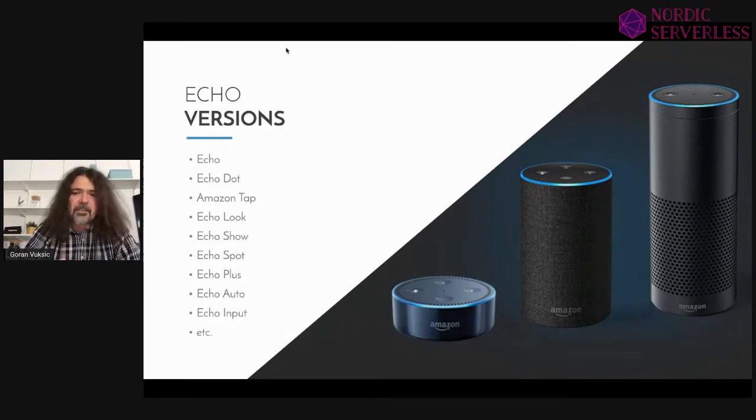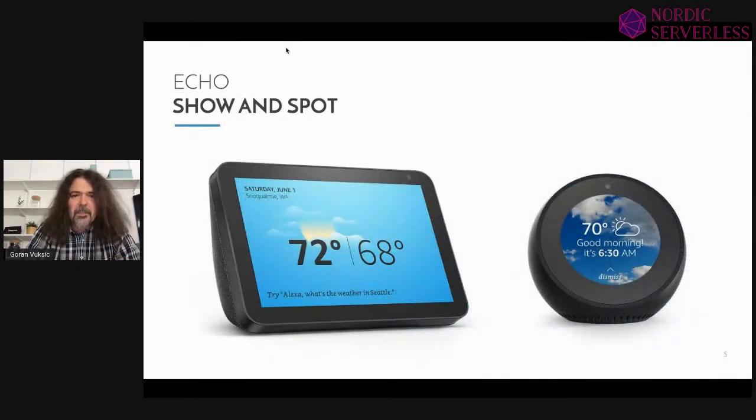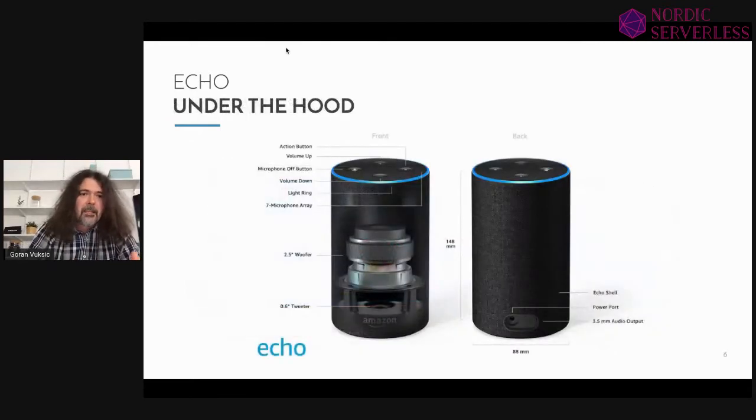The second generation added 2 more buttons for volume up and down. They come in many different sizes, and also as a device with a display. Here we have Echo Show and Spot. Those displays are pretty basic, just displaying basic information to the user.